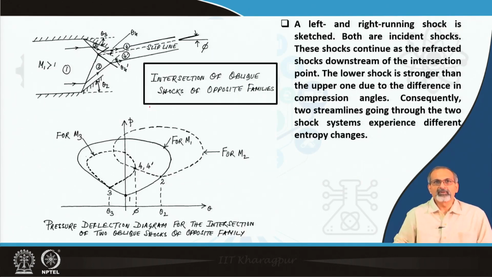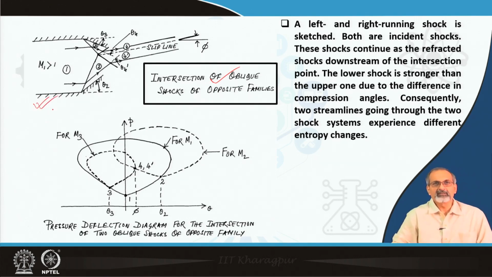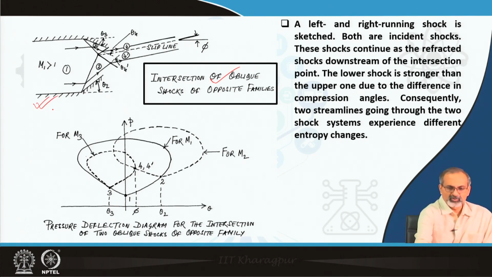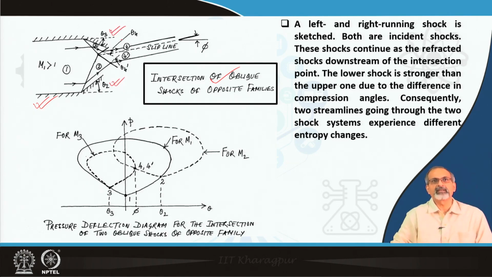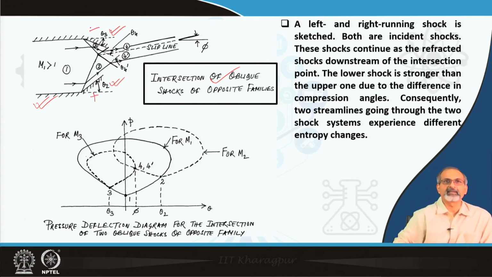If you look for an example, you can talk about intersection of oblique shocks of opposite families, and we have an interesting problem here. You have a channel through which a supersonic or hypersonic flow moves downstream, and then you have two compression corners. As you may recall, in the earlier case you had two changes of theta, one positive, the other negative. Similarly, this one is positive, the other negative.